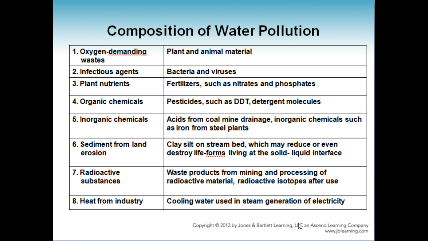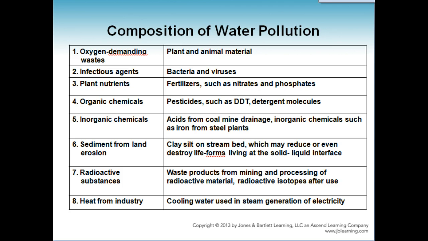In this table, we break down the main types of water pollution. There's pollution that causes oxygen demand in the water system. These are types of organic materials that, when broken down by bacteria, cause the oxygen to be driven out of water or used up. There's pollution that's infectious agents from bacteria and viruses.